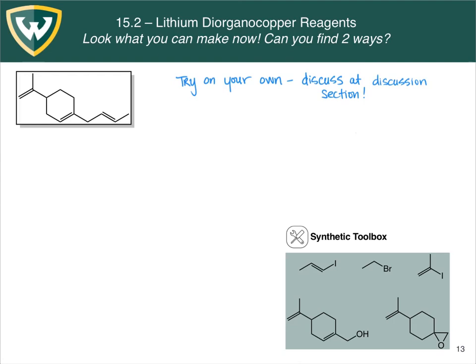So if you compare the 6-membered ring containing starting materials with the product that I've shown, you can see that all of these atoms are contained in both of these, actually this one too. All of those are contained in both of the starting materials. And there is more than one way to make this compound, so if you can think of more ways, then feel free. Good luck.